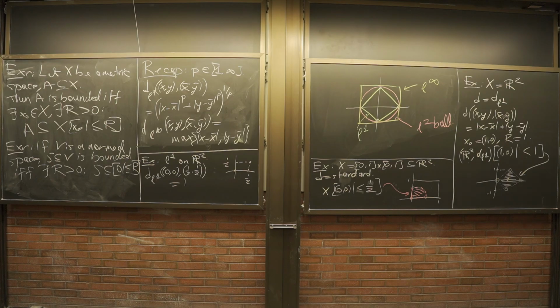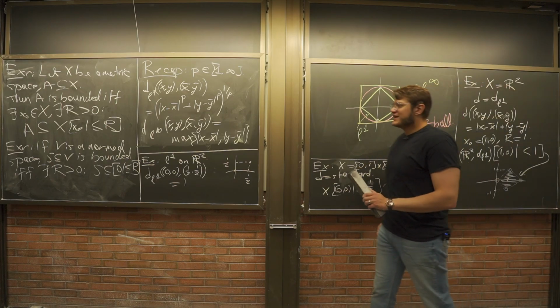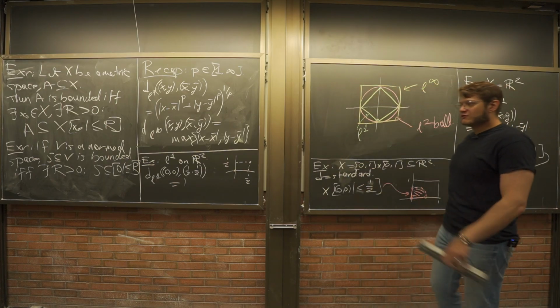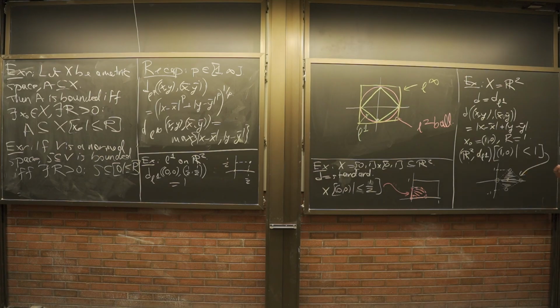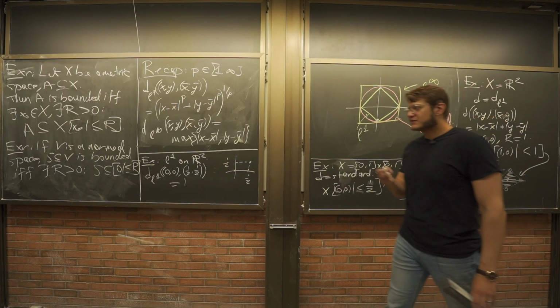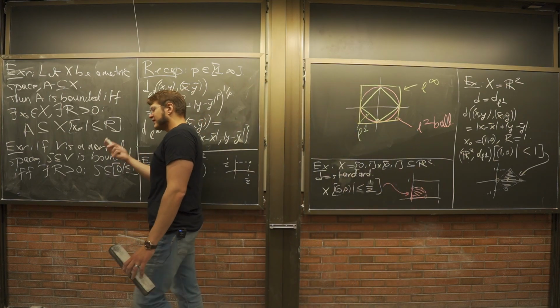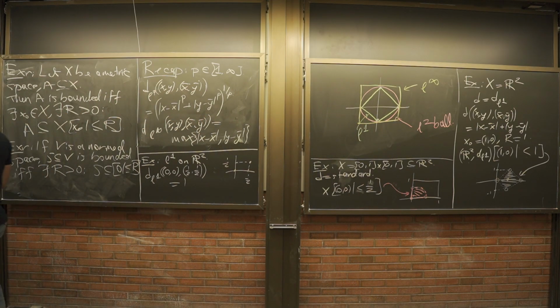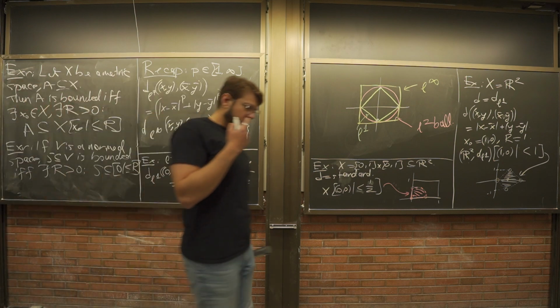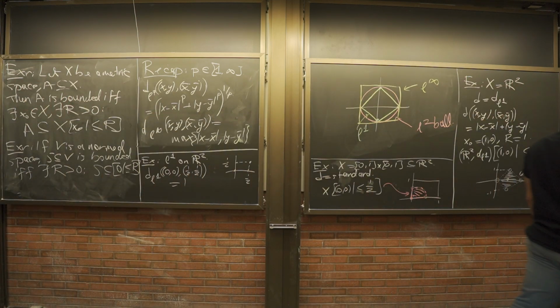OK. Let's now connect boundedness of operators to metric spaces. Now, I told you a bounded linear operator is not the same thing as a bounded function, even though I can think of a normed space as a metric space. But somehow, boundedness of the operator relates to a different property that is available in the context of metric spaces, that is continuity.